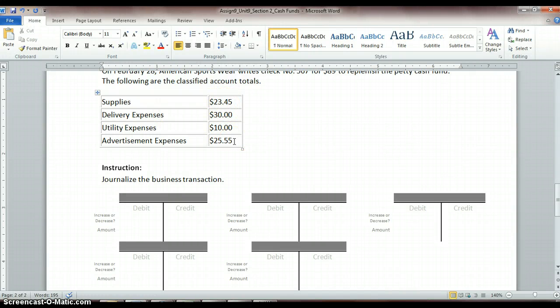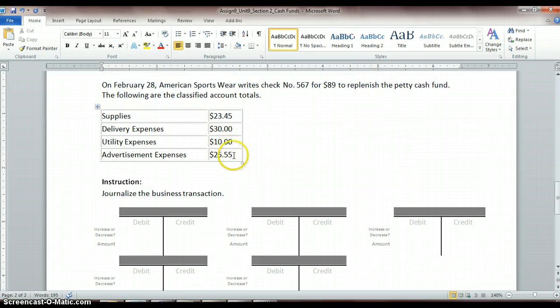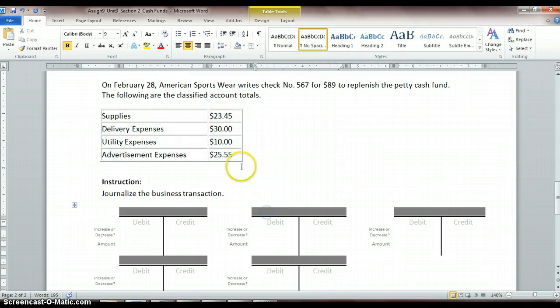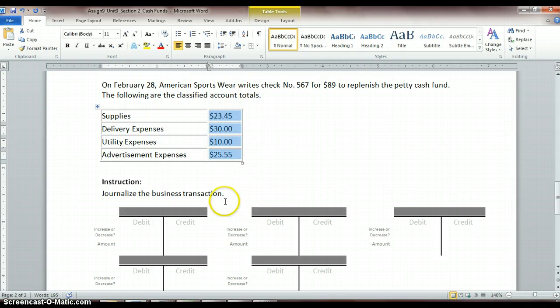Now we're going to take cash from our bank account and actually pay these off, and then put that money back into our petty cash fund, if that makes sense. So we're taking cash out of the bank to pay off these expenses, and then putting the money that wasn't here back into our petty cash fund.